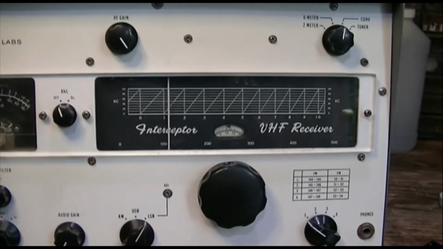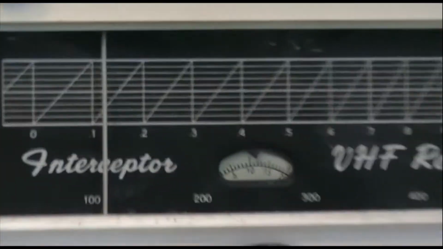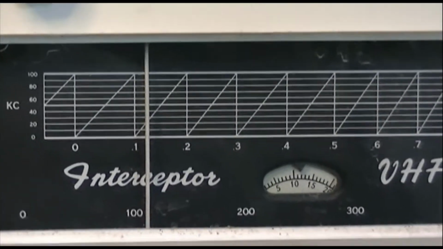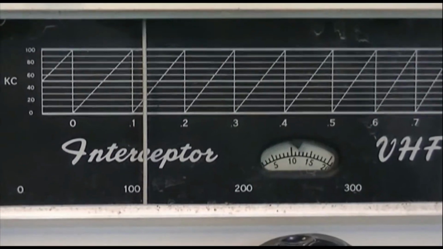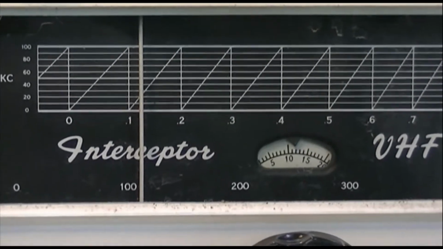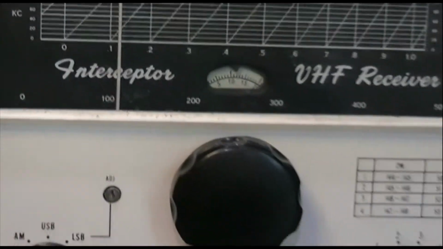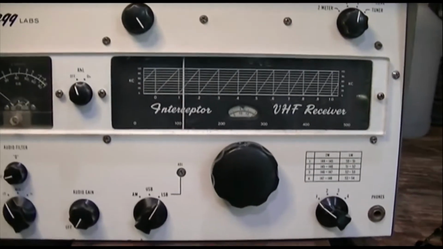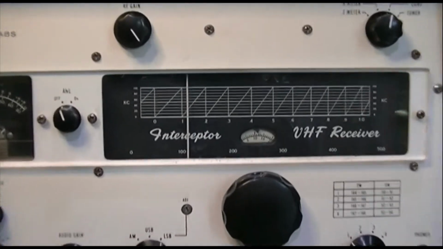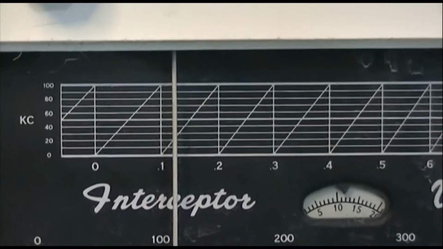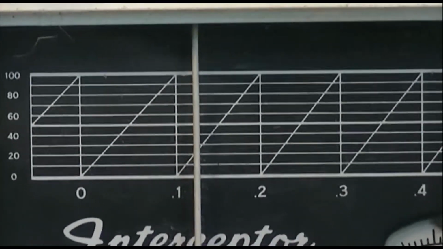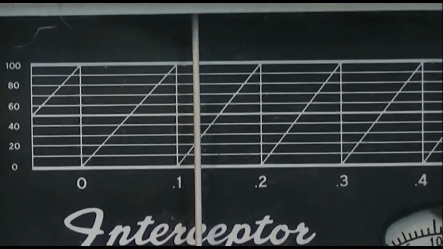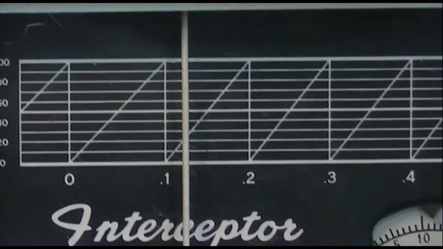But the sharper operators certainly wanted to work single sideband because of the 10-to-1 advantage of working sideband versus AM. And so this receiver absolutely was designed as a sideband receiver. Unfortunately, this dial is certainly not what one would want today, and even then was what we'd consider less than wonderful.